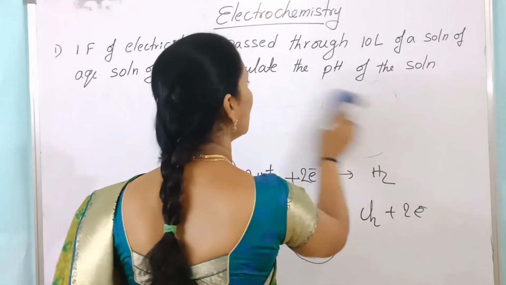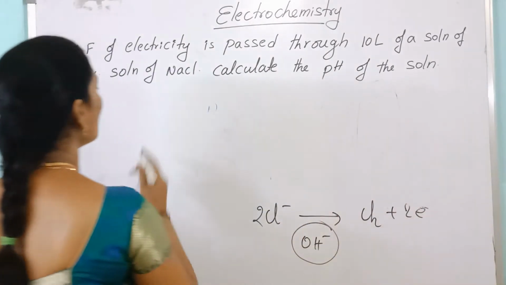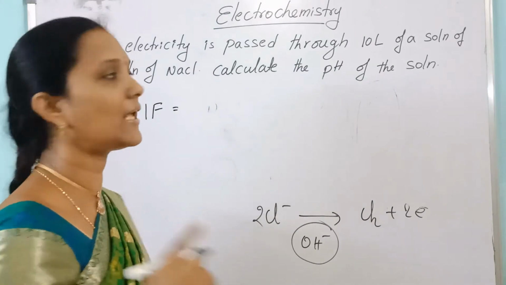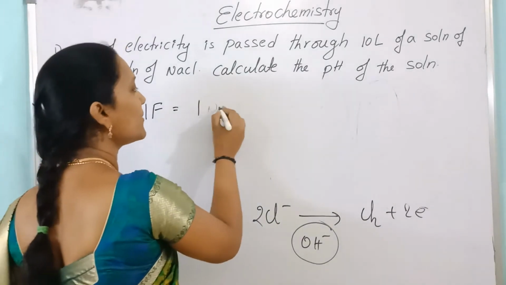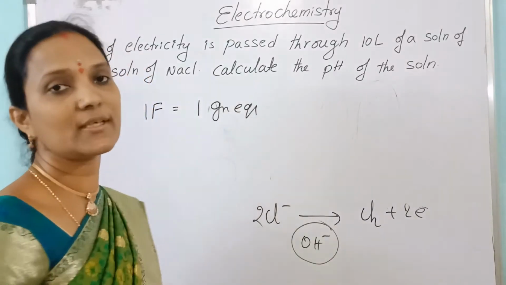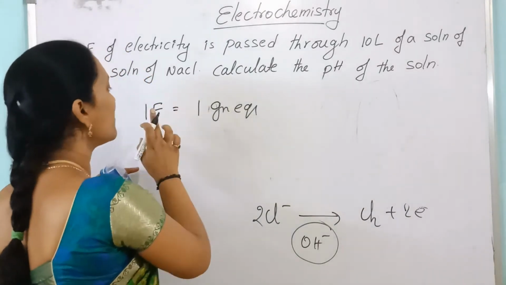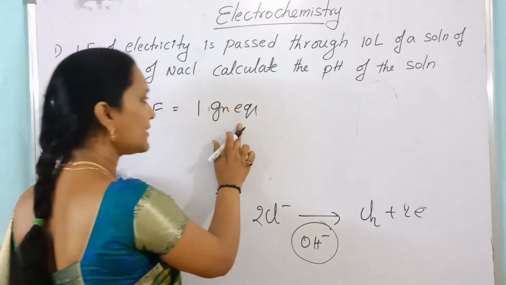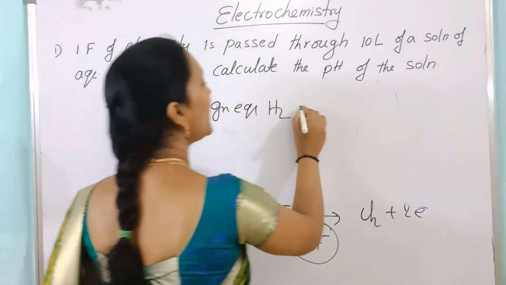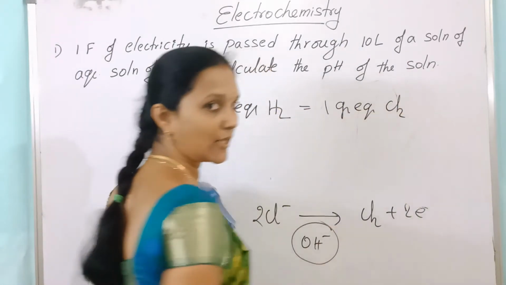Now how to calculate this pH? How much OH minus is present? What is the relation? 1 Faraday is nothing but 1 mole of electrons. 1 mole of electrons means 1 gram equivalent of any substance. So in this problem, 1 Faraday gives 1 gram equivalent of hydrogen at the cathode, and 1 gram equivalent of chlorine at the anode.